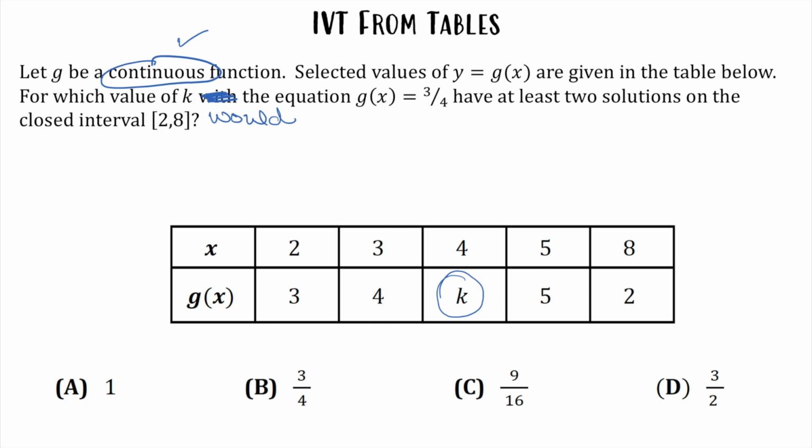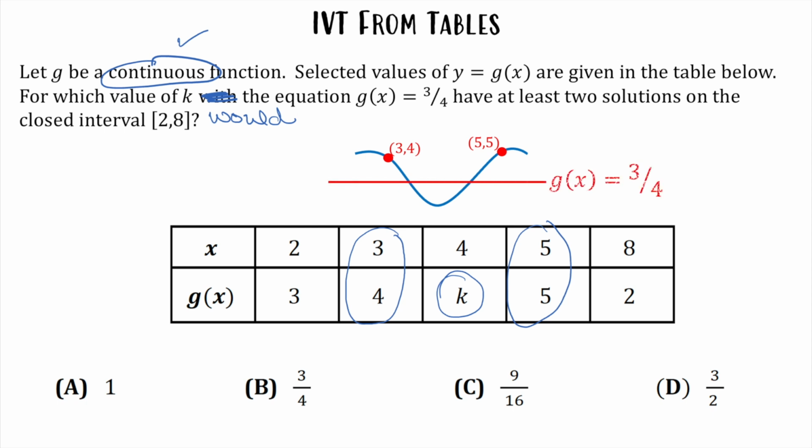Okay, let's draw a picture. What we need to look at is, to the left of k and to the right of k, what's going on. Somewhere on this graph we have the point 3, 4, and somewhere on the graph we have the point 5, 5. And then we have the equation g of x equals 3/4 cutting right through it.